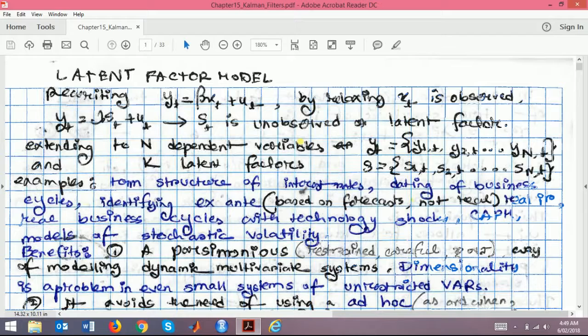Although there is an expected relationship between s and x, that expected relation varies with time.